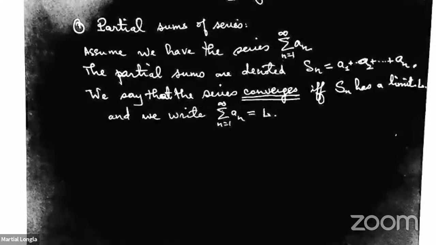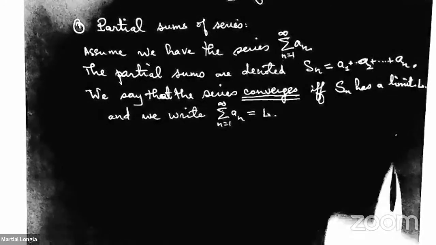That S_n is actually a sequence, as we said last time, and therefore we can look for its limit. If that sequence S_n has a limit that is not infinity, then we conclude that the series converges and we set it equal to the limit of the partial sums.